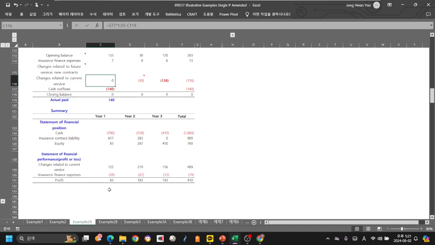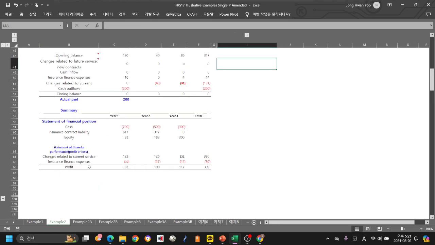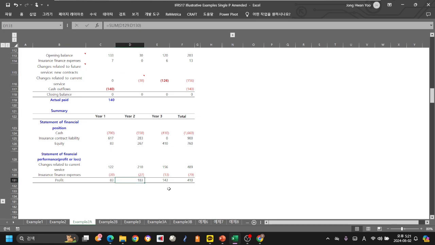If you summarize it into the brief BS and PL, here it looks like this. You can compare these results like this. The first year is obviously the same, and there is 100 and 117 versus 183 and 143. That's what makes the difference. So actual payment is reduced and you change the assumption.